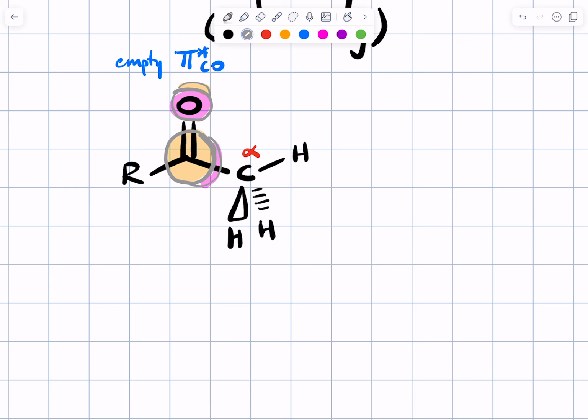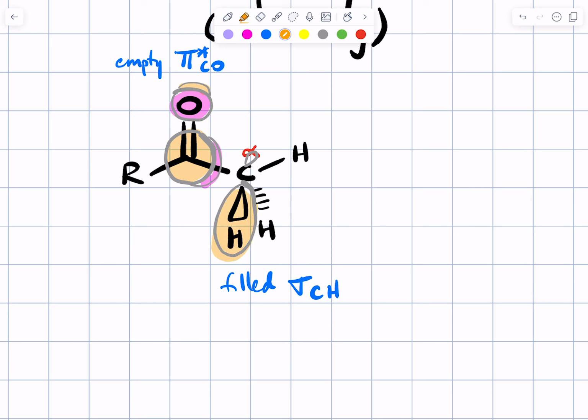Now I'm going to draw the filled carbon-hydrogen sigma bonding orbital. What does a carbon-hydrogen sigma bonding orbital look like? It looks like you had an sp3 orbital on this alpha carbon that overlaps with a 1s orbital on the hydrogen to make a large lobe of electron density here, and then there's the other side of the sp3 orbital on that carbon.